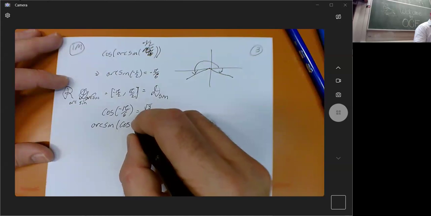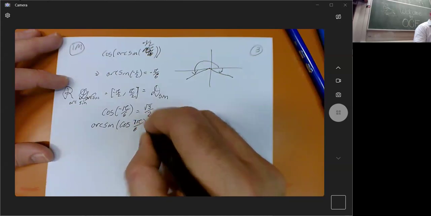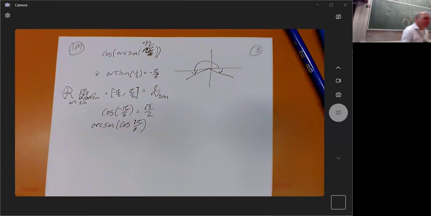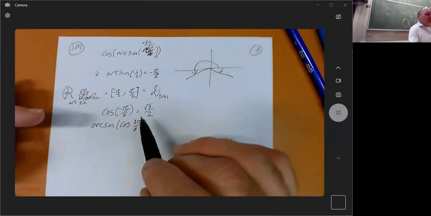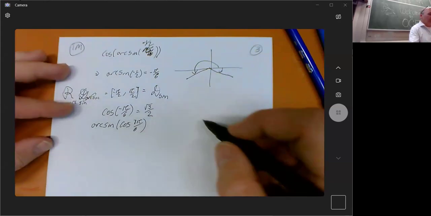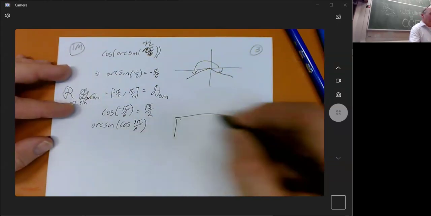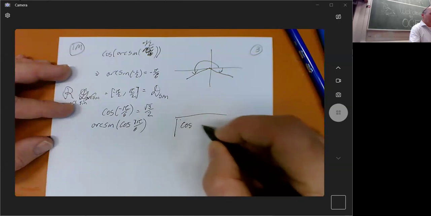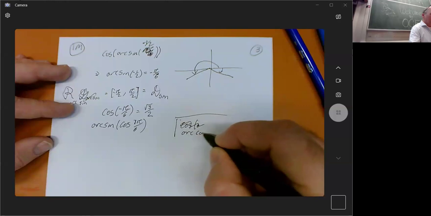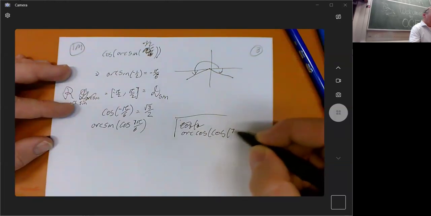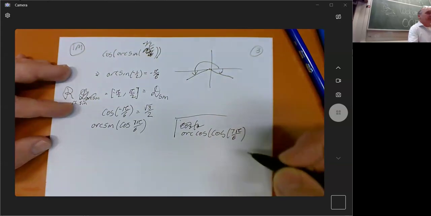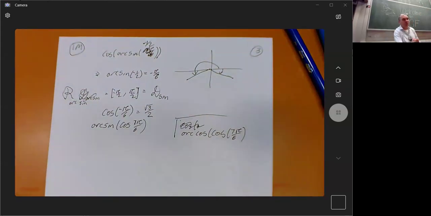So if I do cosine of 7 pi on 6, this is going to be a negative number. A lot of people will try, if you do arc cos of cosine of 7 pi on 6, that's a trap.